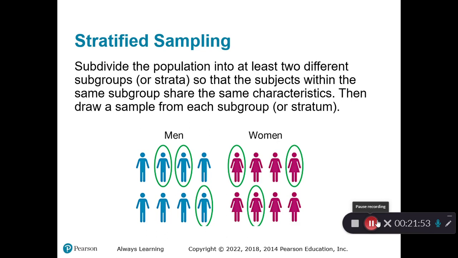For example, if we had a particular business where 35% of the employees are men and 65% are women, so it's kind of a woman-heavy business, we would want to make sure a sample included roughly 35% men and 65% women. So we would randomly choose men for our sample, we would randomly choose women for our sample, and we would try to respect the percentages.